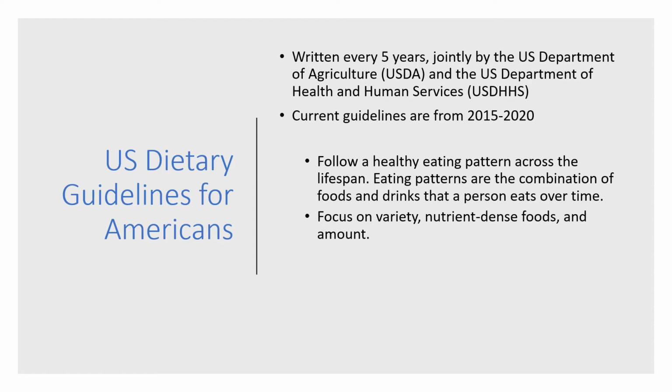Nutrient density is also an important term if you were to take a nutrition course. It just indicates the amount of micronutrients, vitamins and minerals that are present in the food per calorie.